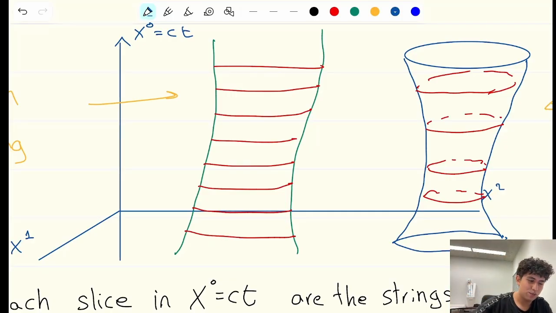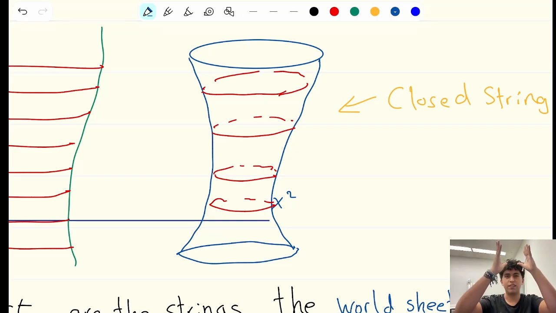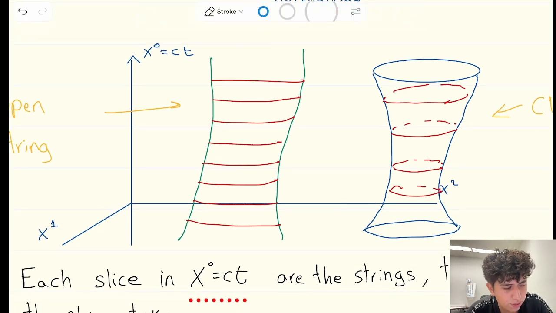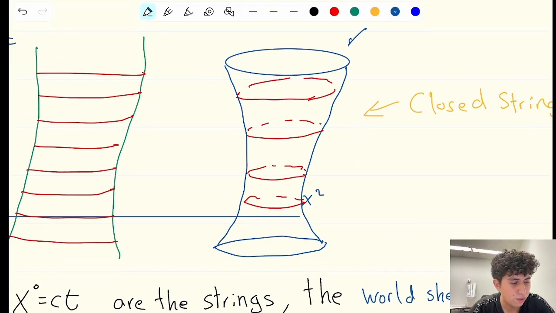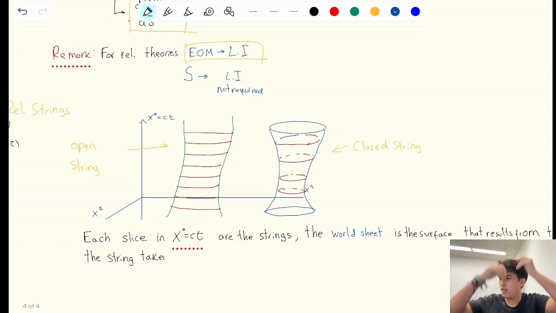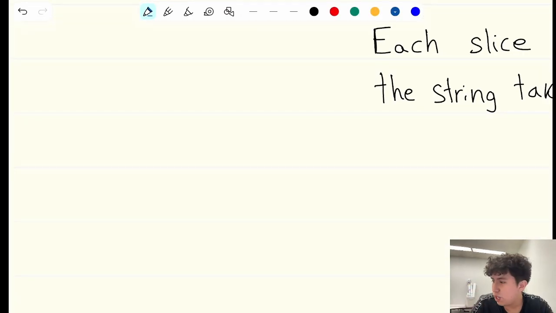So you can imagine how the string evolves throughout time, and that surface is going to be called a worldsheet. For closed strings, it's going to be more like a cylinder-like shape. For the open string the surface is an open shape, and for the closed string it's going to be a closed shape, making a closed path. Cool. Okay, so that makes sense. This is just the picture I wanted to have in mind of what strings are going to do.